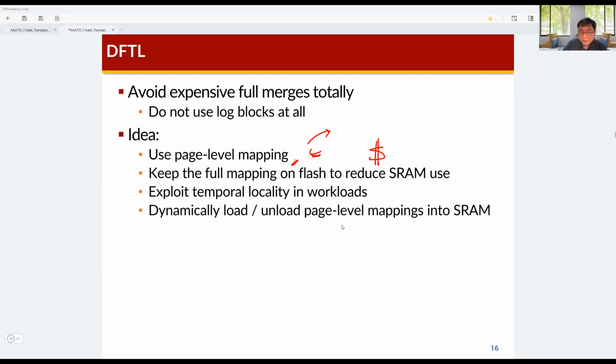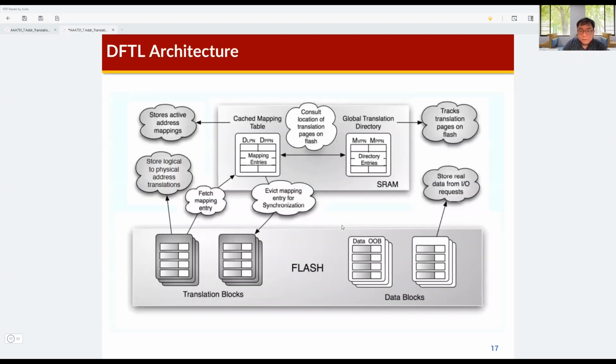Okay. So this is the architecture of DFTL, and as I explained, this mapping table is stored in SRAM in this paper, but we can use DRAM in the SSD. So it's SRAM or DRAM.